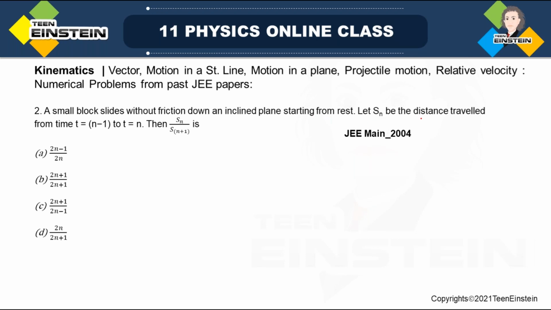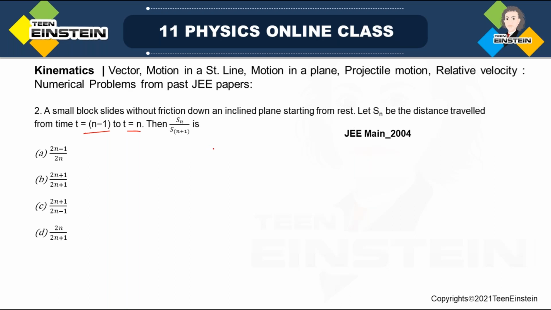Let Sn be the distance traveled from time t equals n minus 1 to t equals n. Then what is the ratio of Sn over Sn plus 1? So this you have to find out.